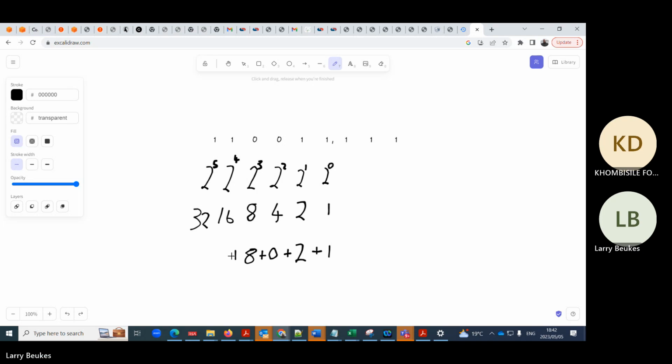Then this is a 0 here because it's not present. And then we're going to have a 16 because it's present. And then here we're going to have a 32 because it's present. So 32 plus 16 is 48, plus 2 is 50, plus this one is 51. So we know here the answer is 51, right?